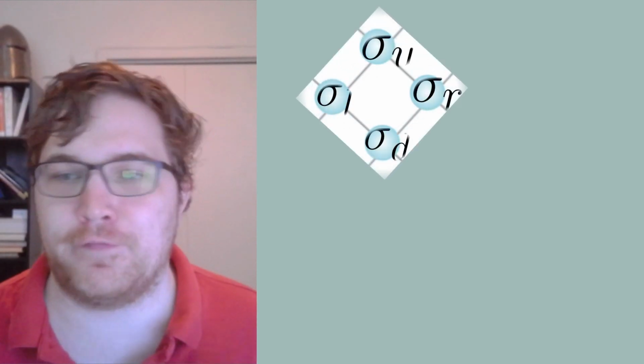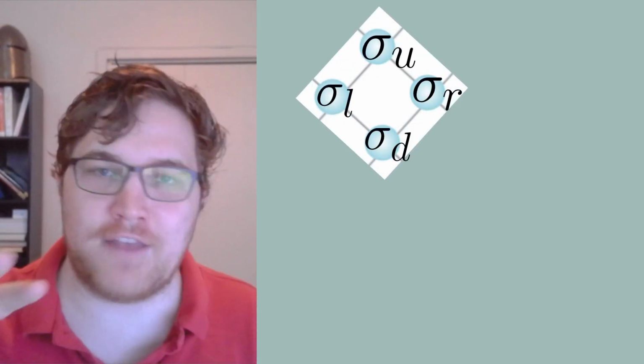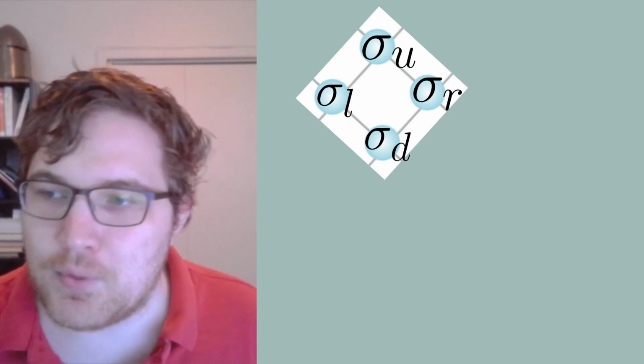Our first step in constructing our algorithm is to notice that we can rewrite the partition function in terms of a network of tensors. First, let's zoom in on 4 spins, and let's rotate the picture by 45 degrees, and we will label our example spins as sigma u, sigma l, sigma r, and sigma d for up, left, right, and down.